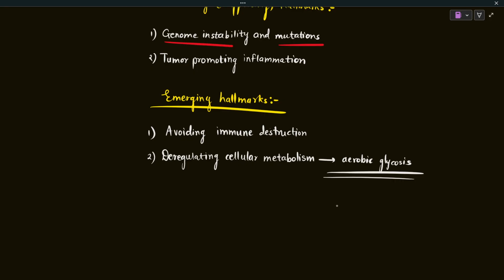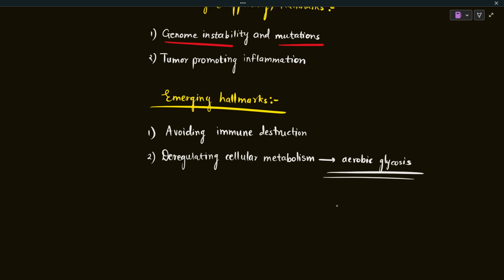So they do glycolysis to ensure that they will have a constant supply of nutrients even if there is no external source of nutrients. Even if the nutrients are not being provided by the blood, by the host itself, even if not enough nutrients are available, the cancer cells ensure that they will have their own supply of nutrients.